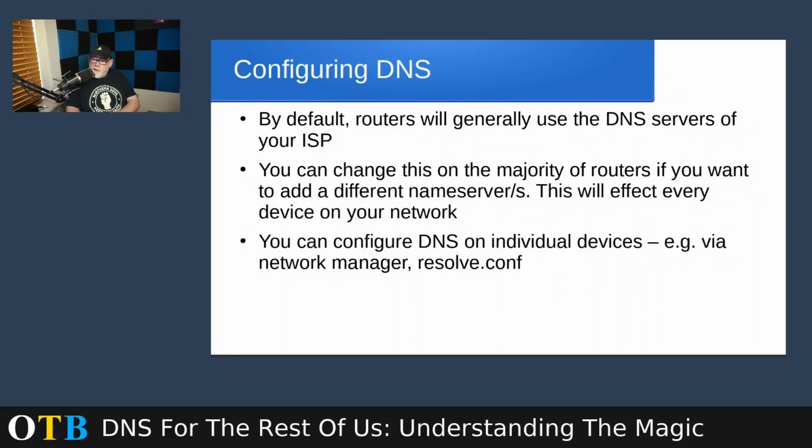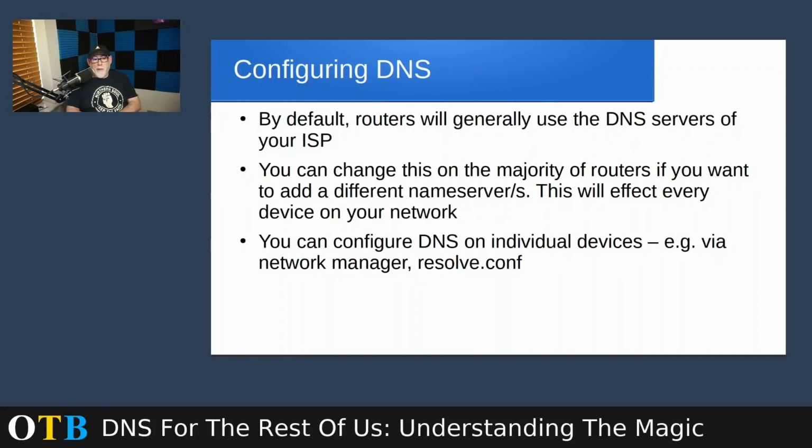So let's talk about that. By default, the routers that people use that are supplied by ISPs will generally use your default DNS server associated with your ISP. On the vast majority of routers, though, if you log in as an administrator, you can change that yourself, and you can put in your own name servers.